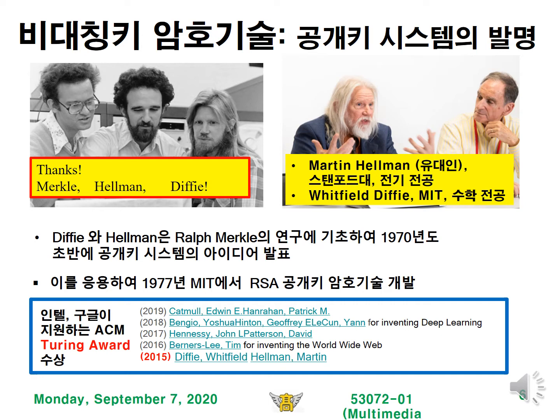Asymmetric key cryptography is also called the public key cryptography system. Diffie and Hellman developed the Diffie-Hellman key exchange method.